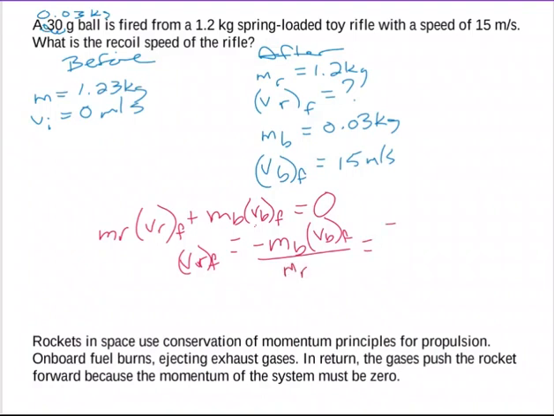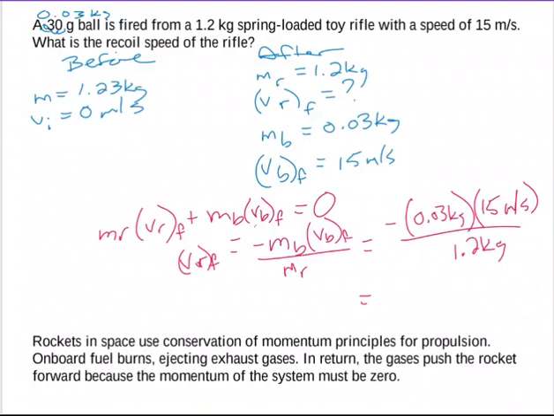So we have v_R final equals negative mass of the ball times velocity of the ball final, divided by mass of the rifle.